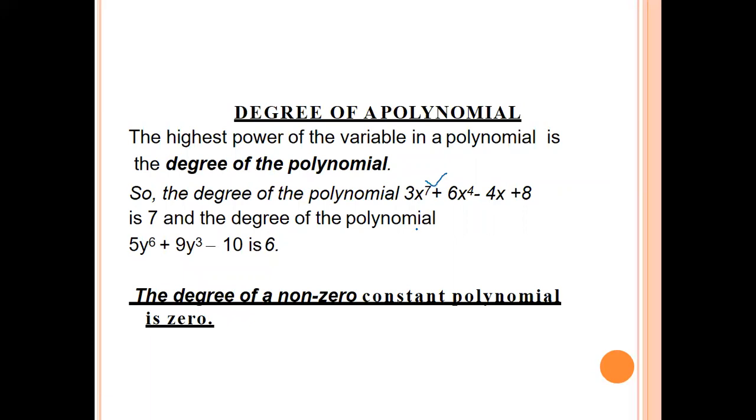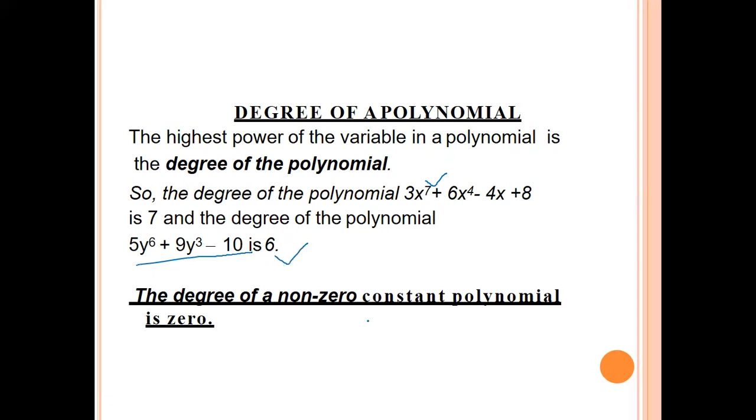You know the number of solutions from the degree. If the degree is 7, then the number of solutions is 7. If the degree is 3, then the solutions are 3. You know that very well from the previous video. Now find the degree of this polynomial. Here the degree is 6.